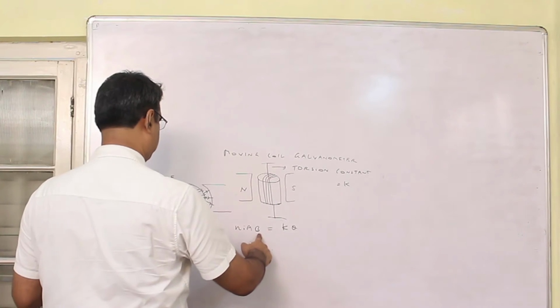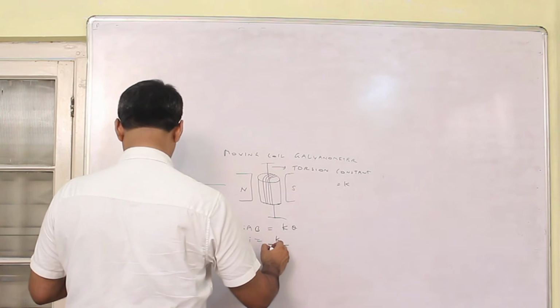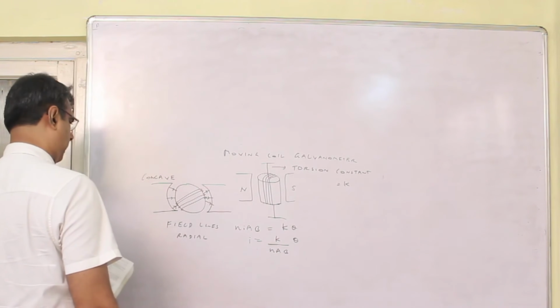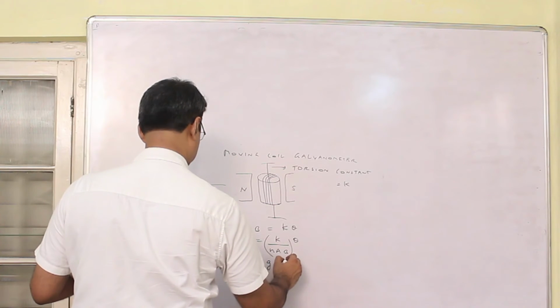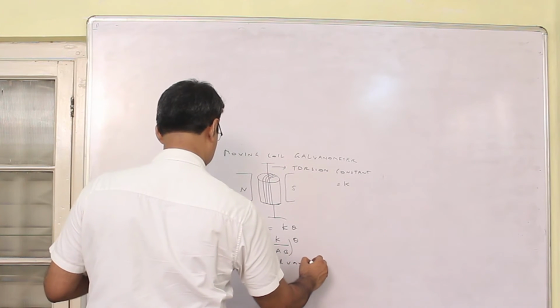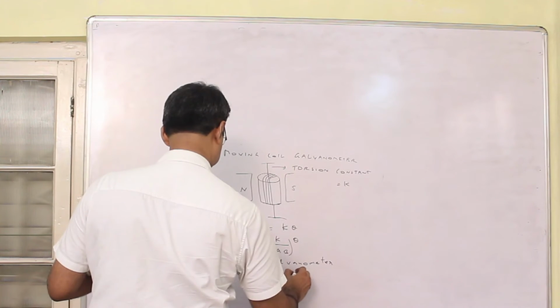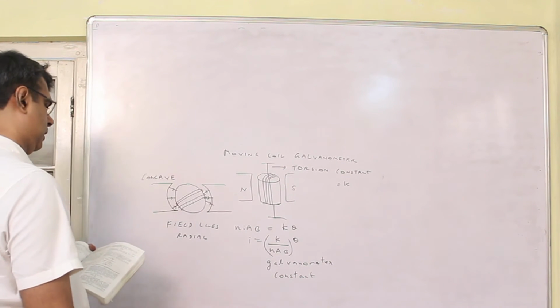So NIAB becomes equal to K theta. So I becomes K divided by NAB into theta. Now this K divided by NAB is called galvanometer constant.